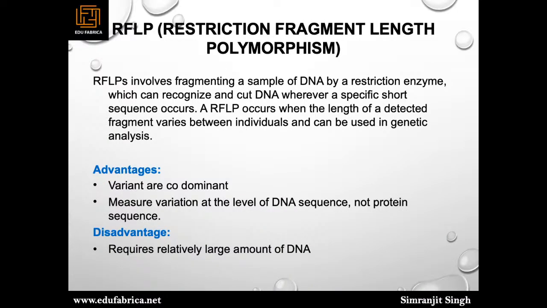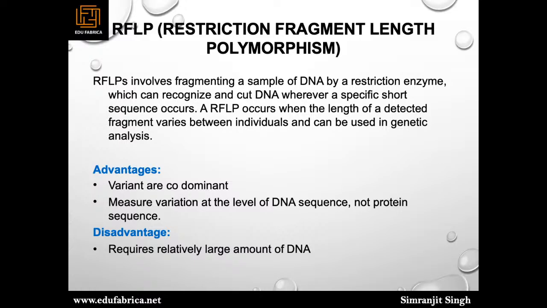Then RFLP, restriction fragment length polymorphism. This involves fragmenting a sample of DNA by restriction enzymes, which can recognize and cut DNA wherever a specific sequence is present. In RFLP, the length of the detected fragment varies between individuals and can be used in genetic analysis.